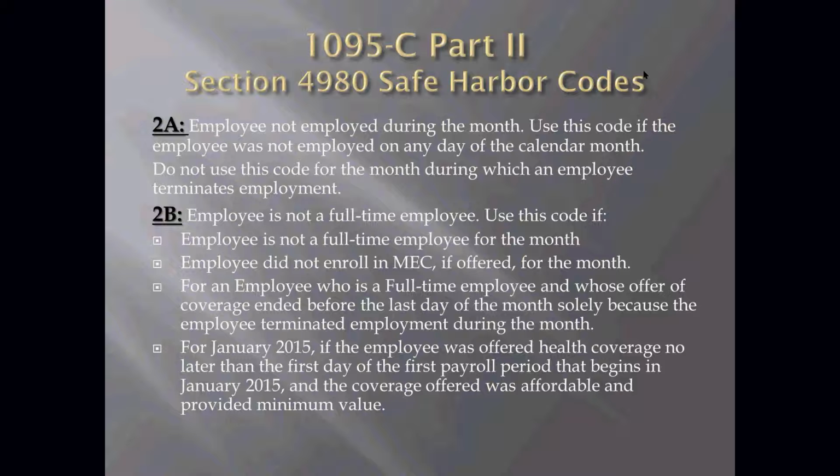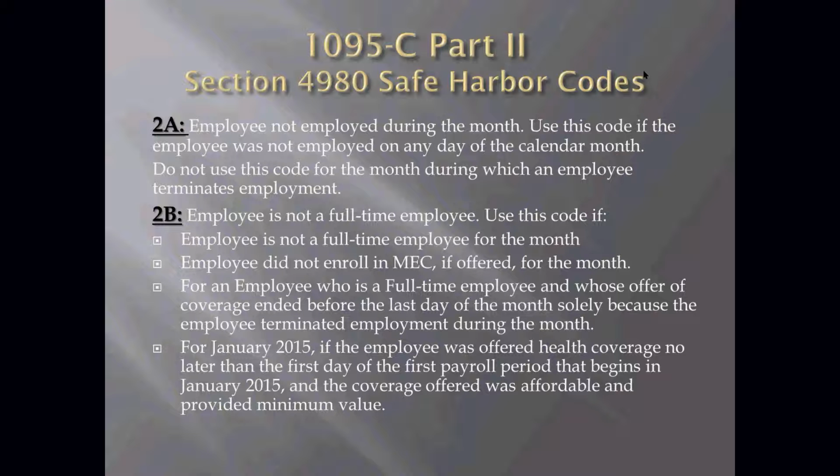Now, with these codes, it may not be that one code in the two section fits every single month. You may have 2B in December because that's when the employee left, and then other codes for the rest of the year because the employee was enrolled in coverage at the time that they were employed.